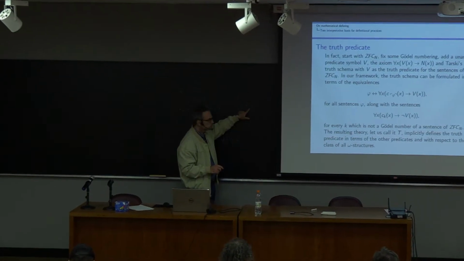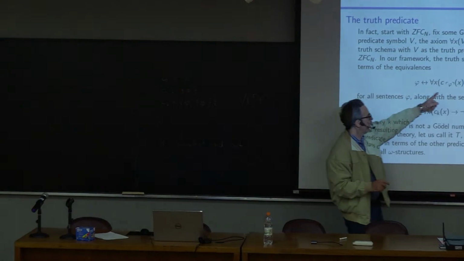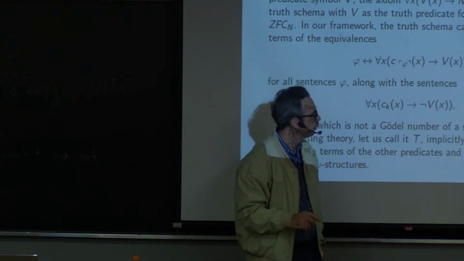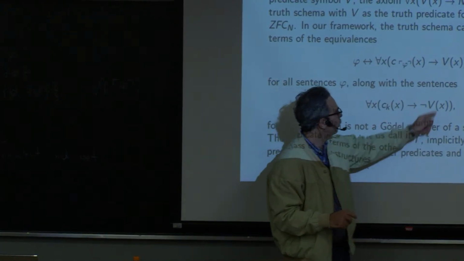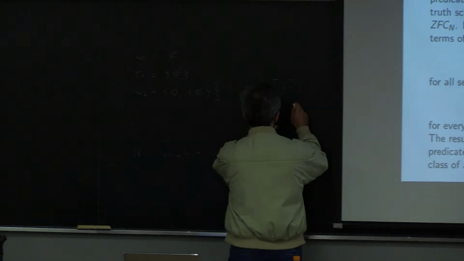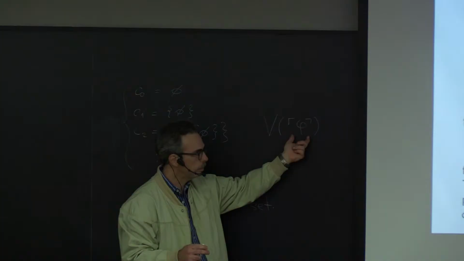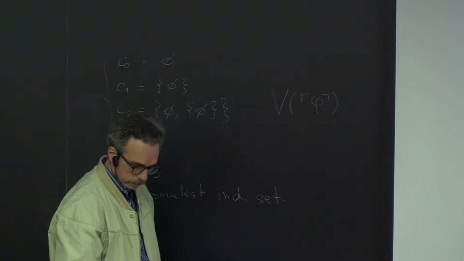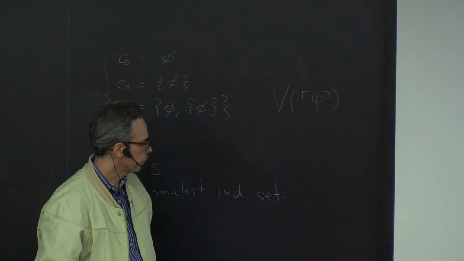But the way you say this is to say that, well, for every x that corresponds to the number phi, v of x. This is equivalent to this, if you think of this as the name of the number of the sentence. So this simplifies things a little bit, right?